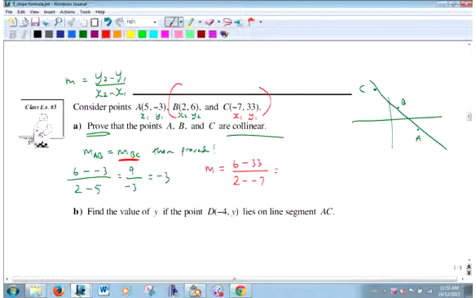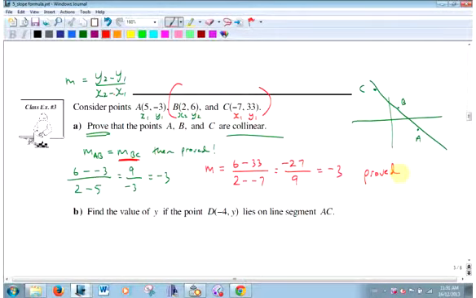What's 33 take away from 6? 27 negative, right? And 2 plus 7 is 9. Is that the same slope? Aha.